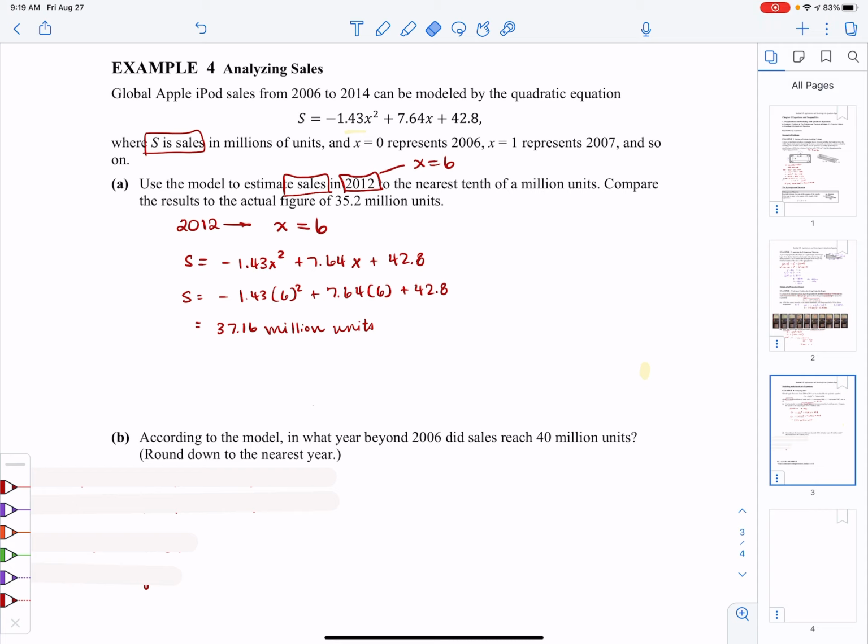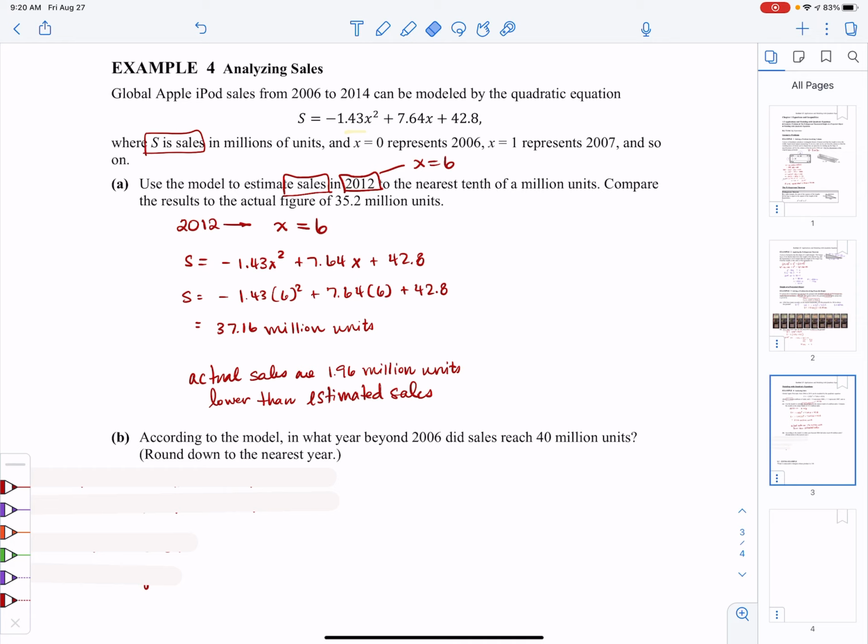Now, the next thing that we were asked to do is to compare the actual sales. Our prediction of sales was 37.16 million units, but we actually sold 35.2 million units. And so our actual sales were 1.96 million units lower than the estimated sales.